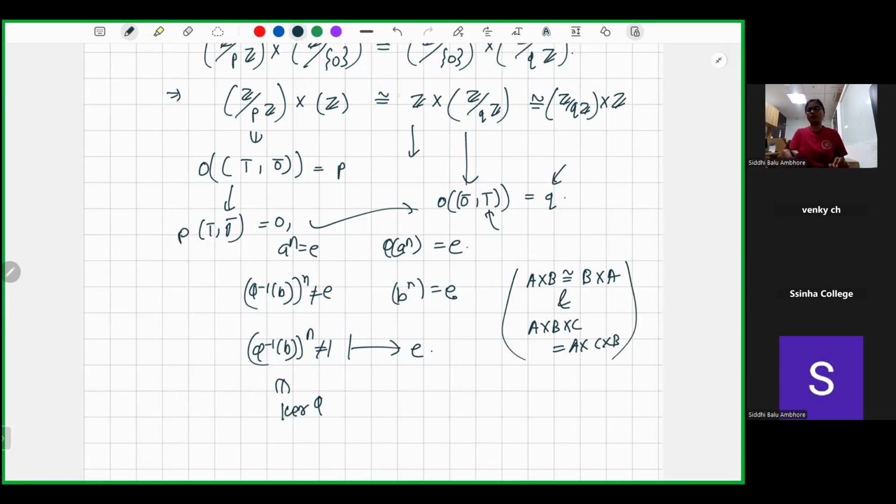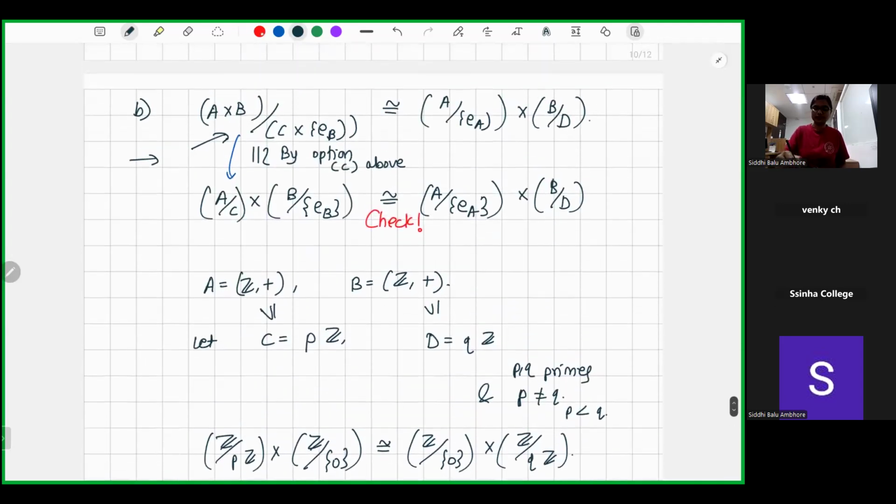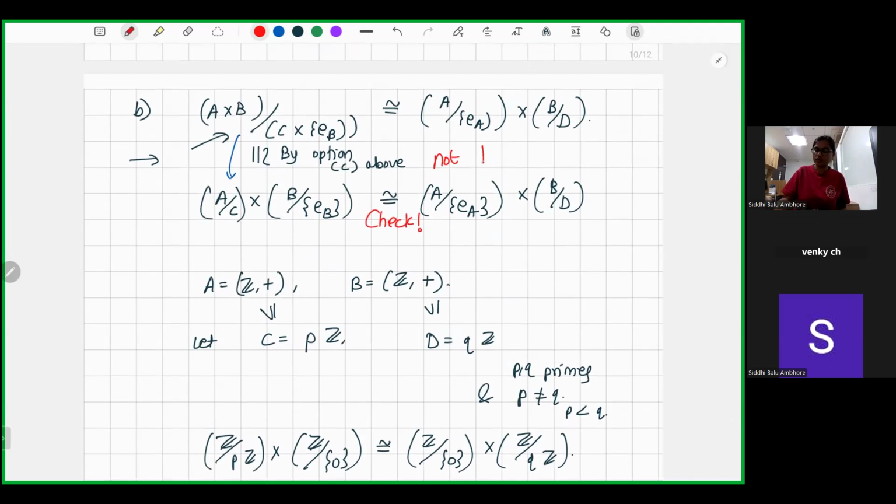So if you have a problem understanding it this way, switch and check. This statement is not true.